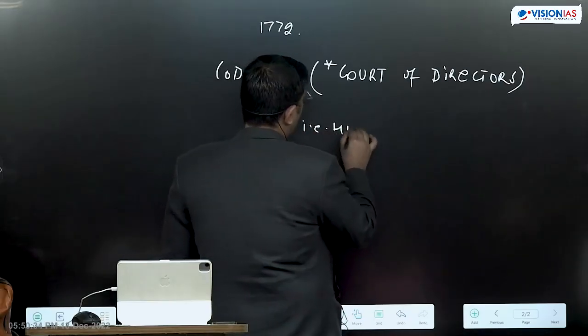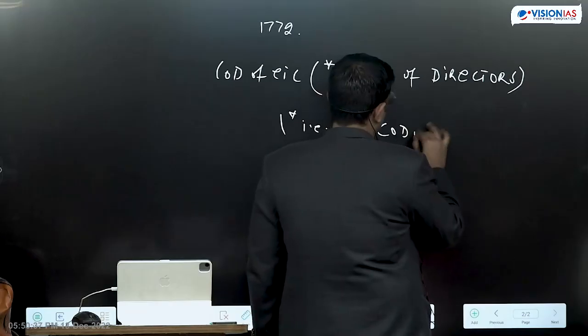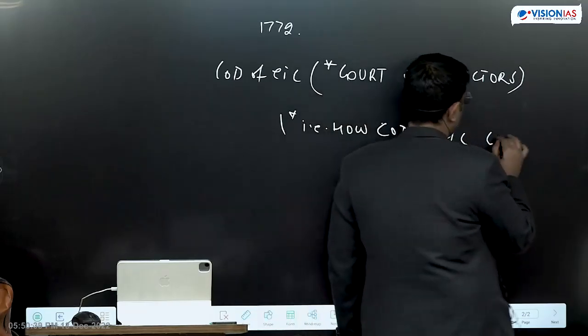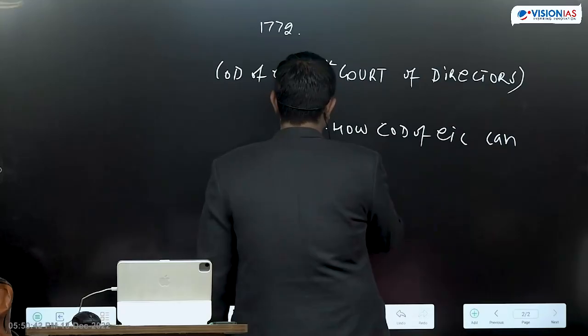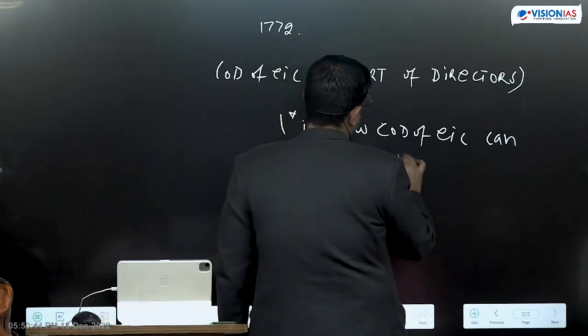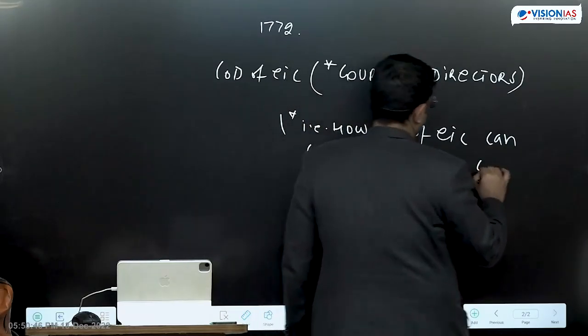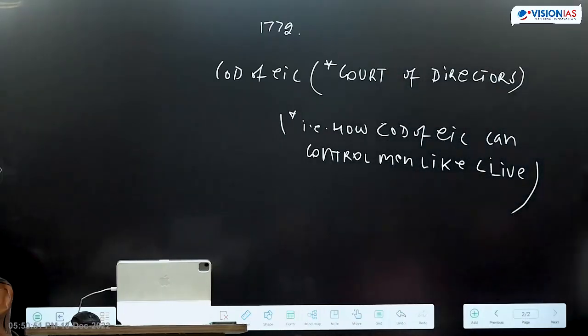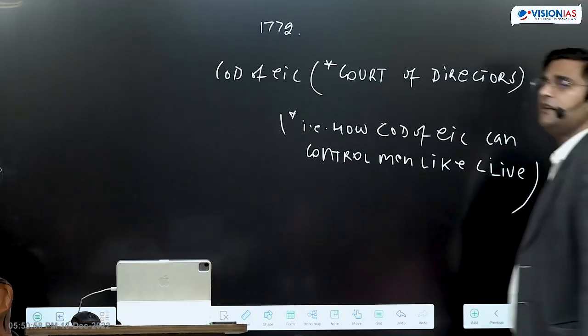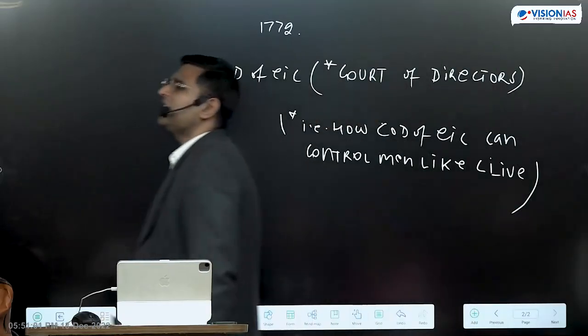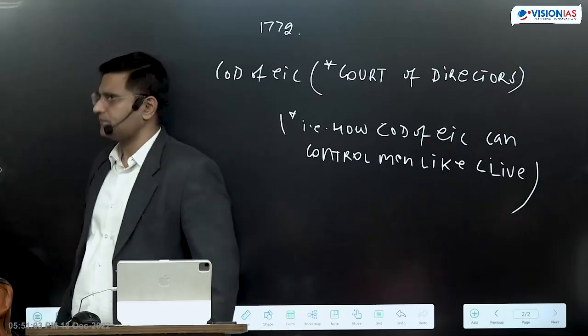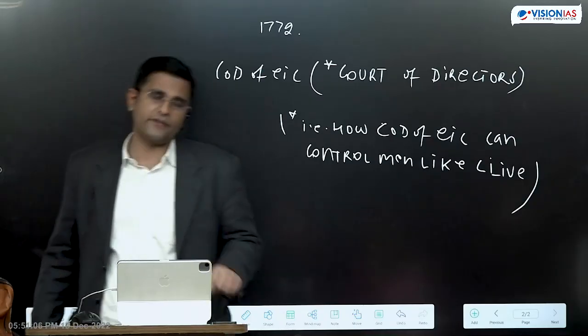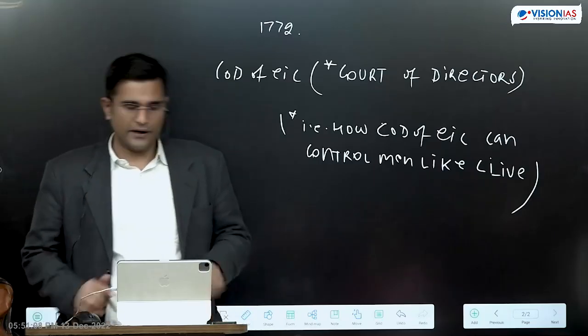That is how COD of EIC can control men like Clive. When they are saying EIC's administration in India, who is handling it? It is people like Clive, people like Warren Hastings, governors of Bengal, कि इन लोगों को कैसे काबू में रखा जाए, right? So therefore that is the point.